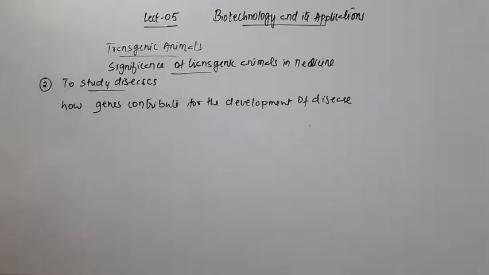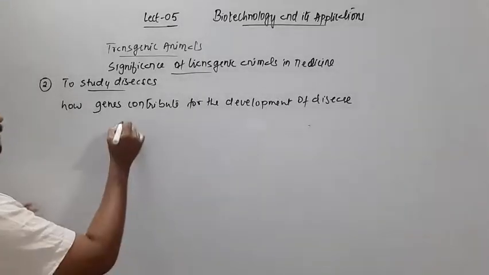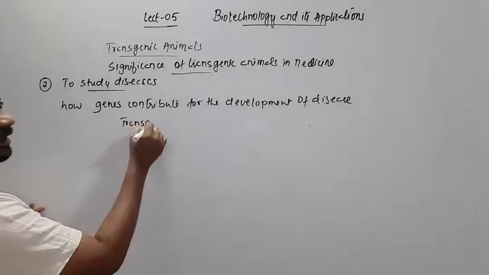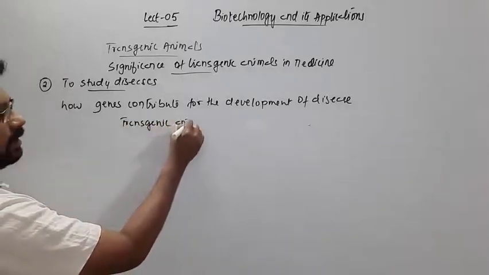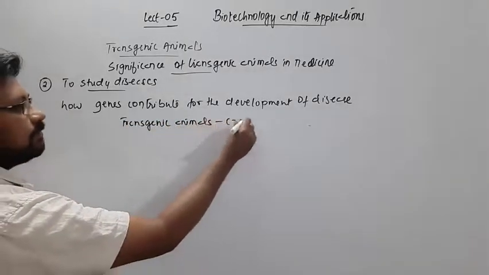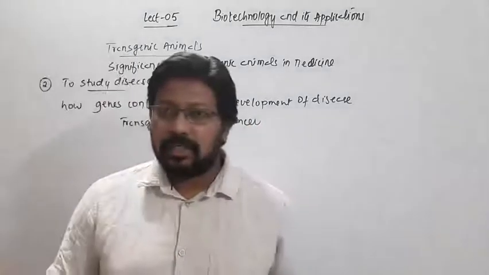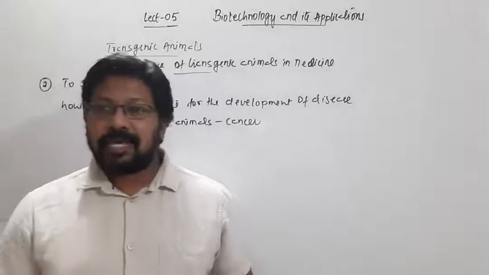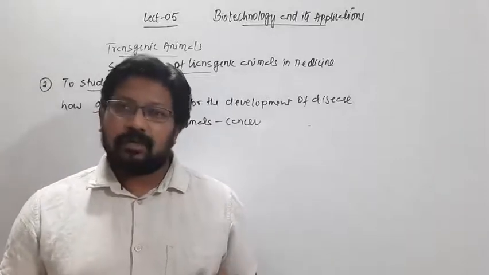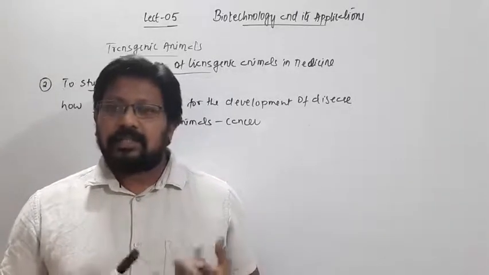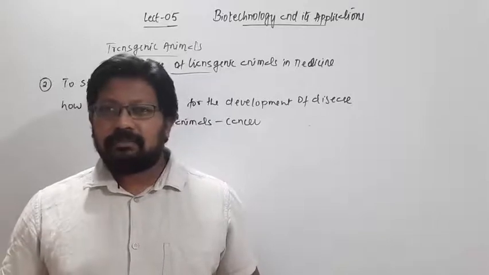And we have made several models for studying cancer. So we have transgenic animals for cancer, right? We know that there are genes already in our cells, and if they get activated accidentally, then it can cause cancer in that person.